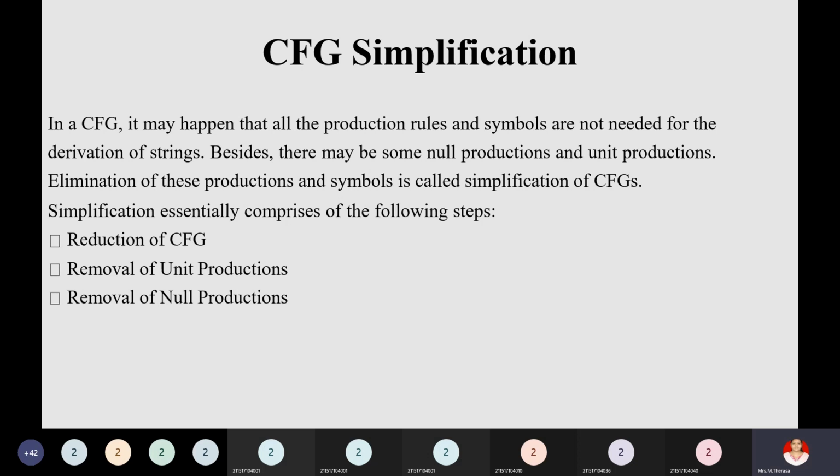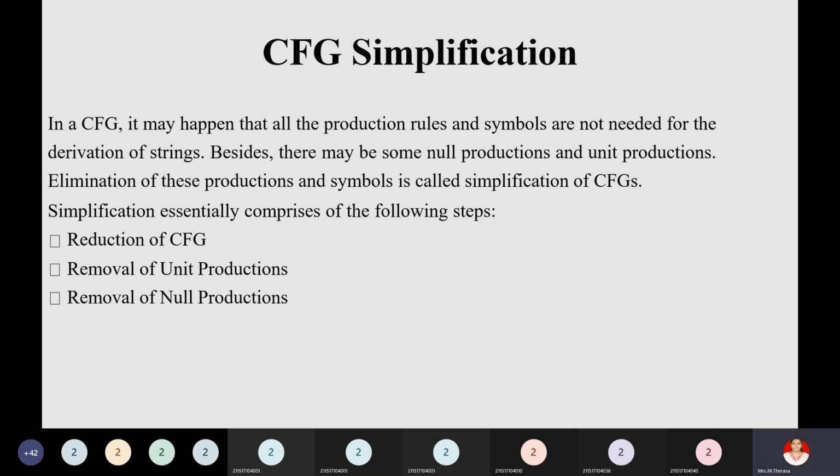Okay, then we'll move to simplification of CFG. So how to simplify the CFG? There are some methods, some procedures you can follow to simplify the grammar. In a CFG, it may happen that not all the production rules and symbols are needed for the derivation of a string.